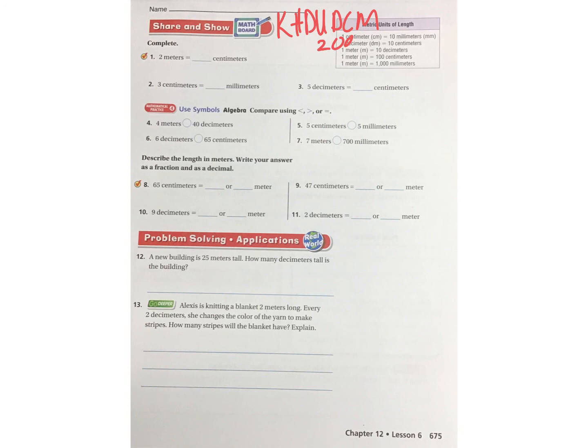Yeah, 200. Everybody's doing this with me. So 200 centimeters. Okay. All right, now we're going 3 centimeters. So let's put 3 under the centa. And we're going to millimeters. So if we're going over one place to milli, we have how many? 30. Yeah, exactly.